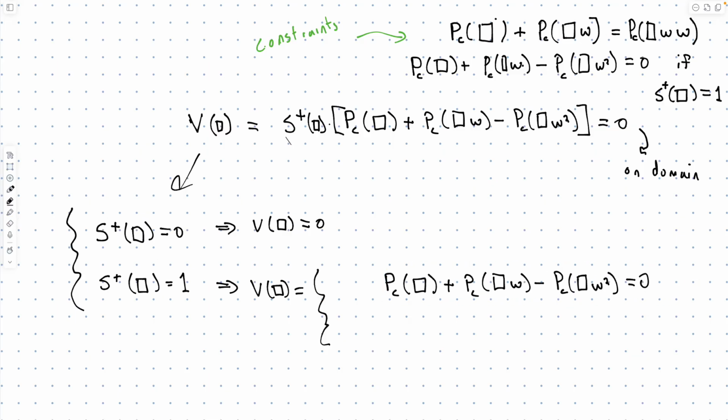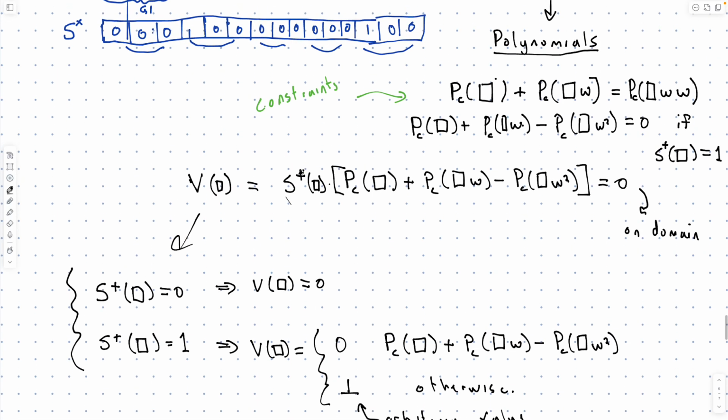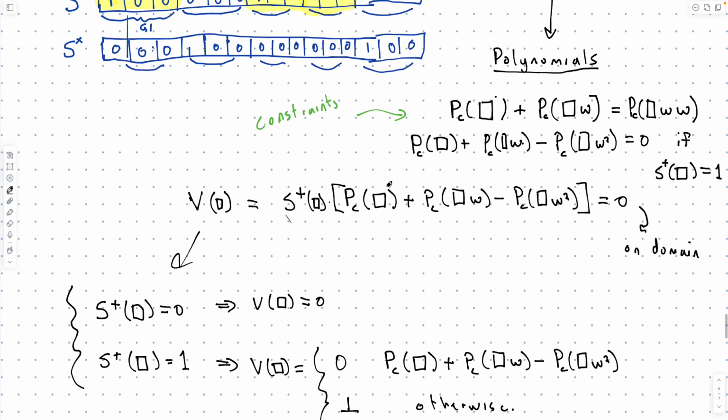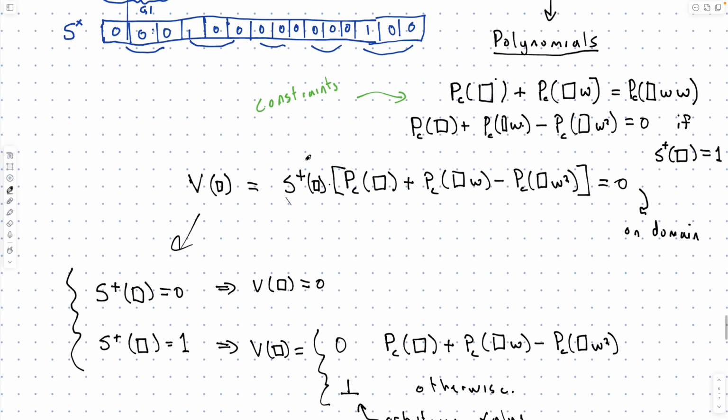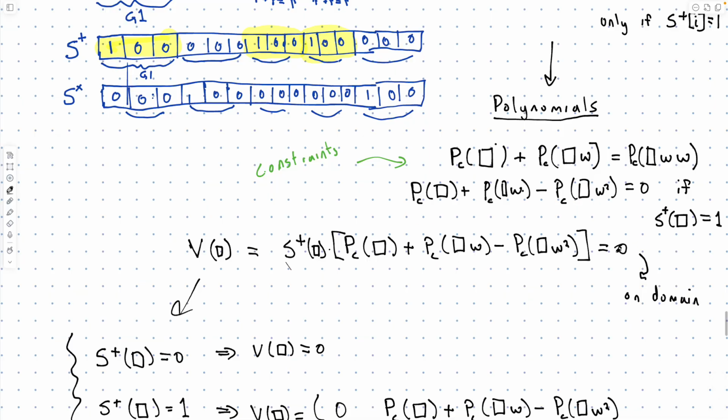And it won't necessarily equal 0 if this condition doesn't hold. If this condition doesn't hold, then it could equal whatever. I'll draw a bottom symbol that just means some arbitrary value otherwise. Does that make sense? Okay. So when S plus is 1, we check this condition. And when S plus is not a 1, we don't bother checking the condition. It's automatically going to be 0. So the whole thing is going to end up being 0.